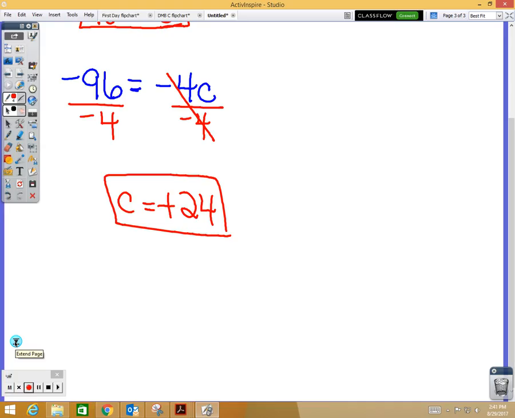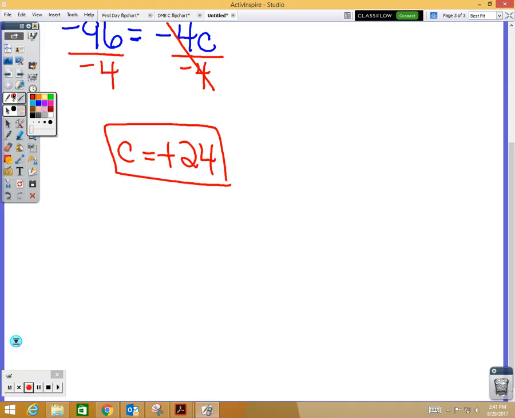What if we had m divided by 7 equals negative 12? What is my inverse operation? Multiply by 7.